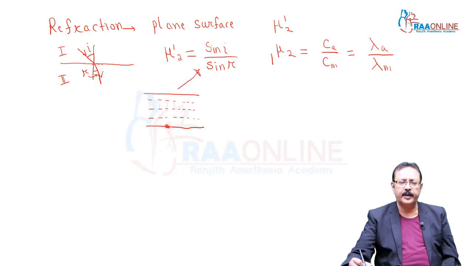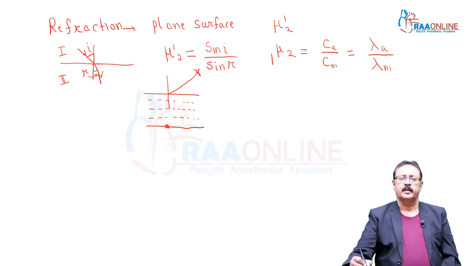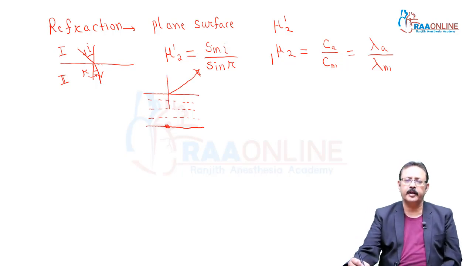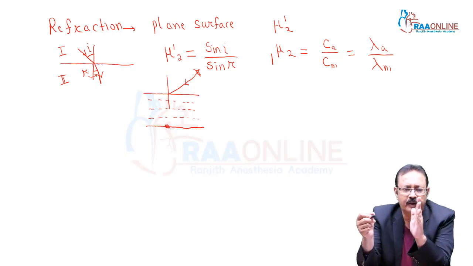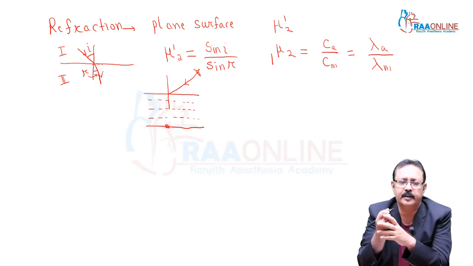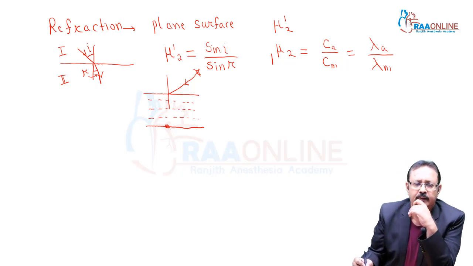When the ray tries to enter the medium, since rays are moving from rarer to denser medium, what will happen? When rays are coming from rarer to denser, they will move towards the normal.